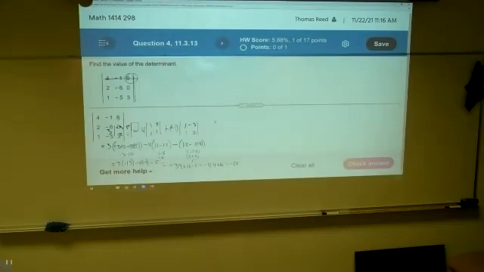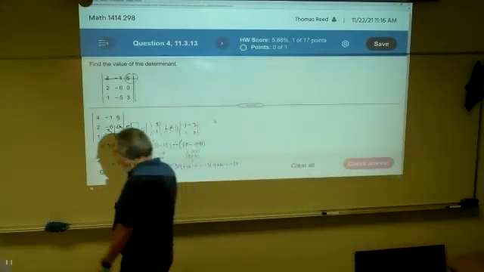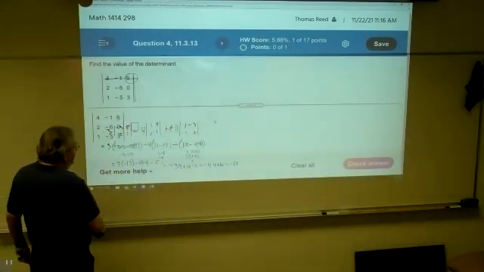So we find the determinant again, and I'm going to do this one using the diagonal method.